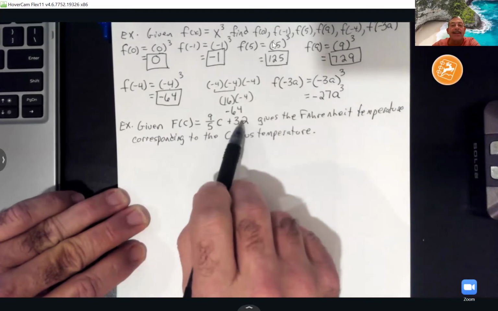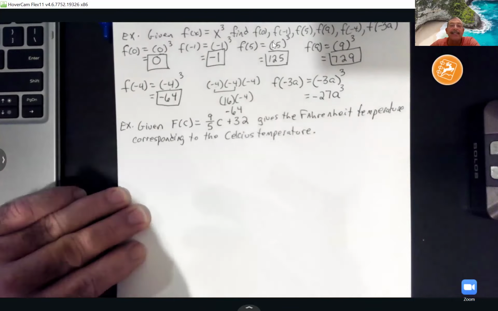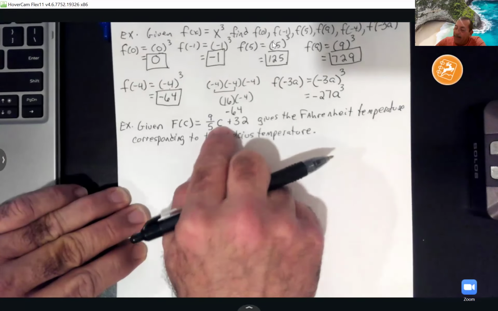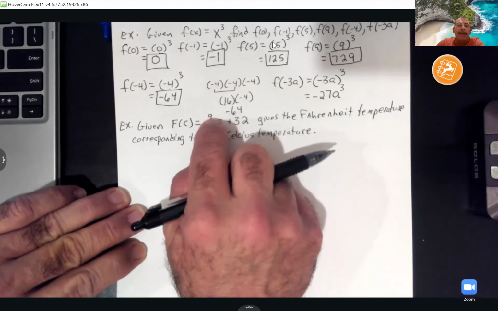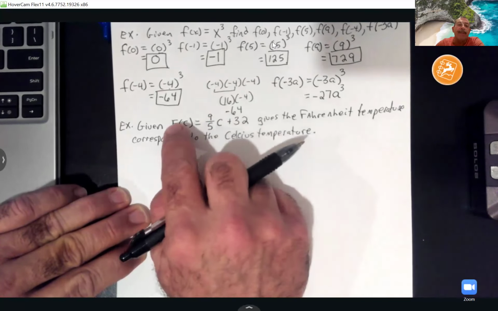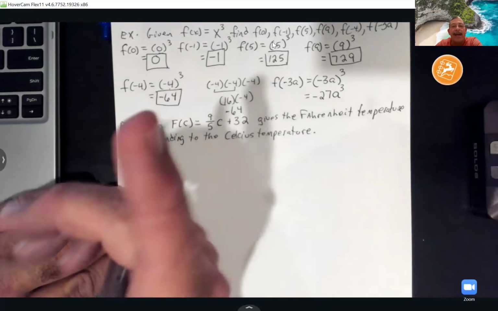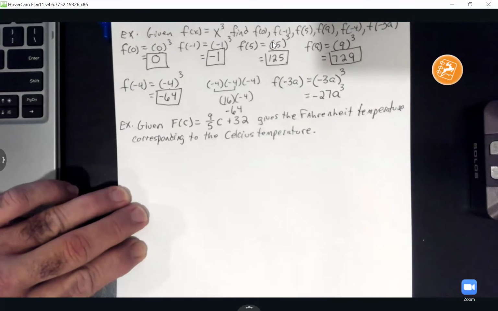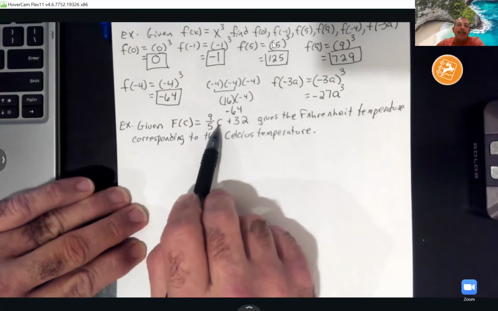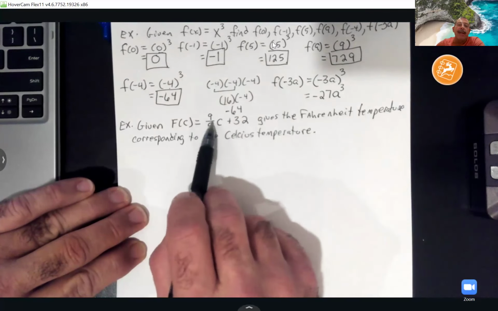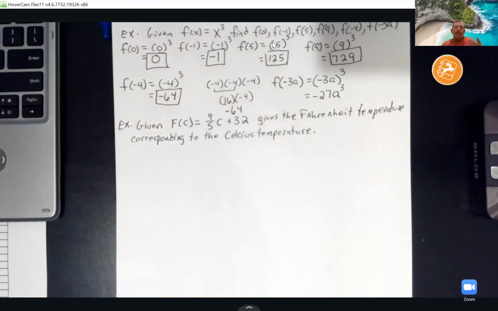The reason that's a 32 at the end is, water freezes at 0 Celsius. So if you put that 0 in, 0 times 9/5 is 0, and 0 plus 32 gives you the Fahrenheit temperature, and water freezes at 32 in the Fahrenheit world. And you could do that with water boiling at 100 Celsius. If you plug that in, you'll get 212 Fahrenheit, where water boils.